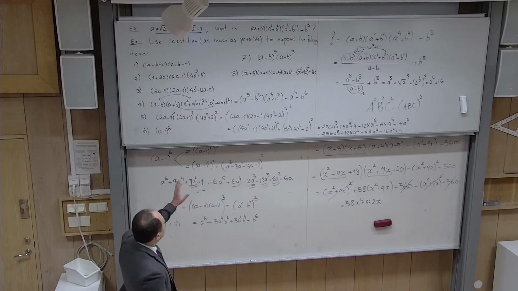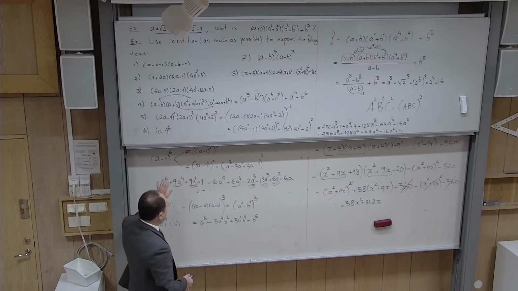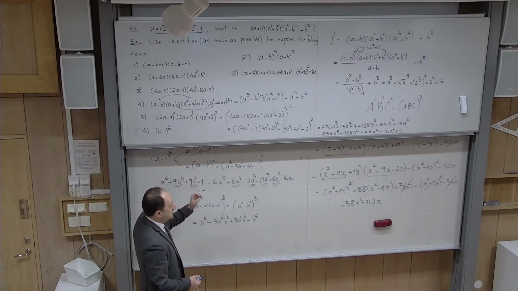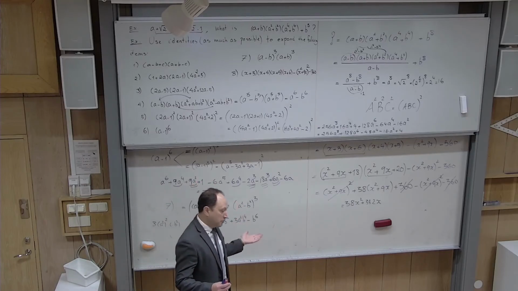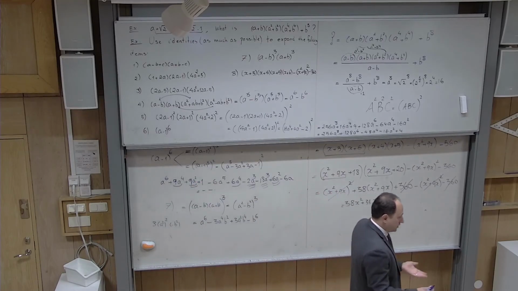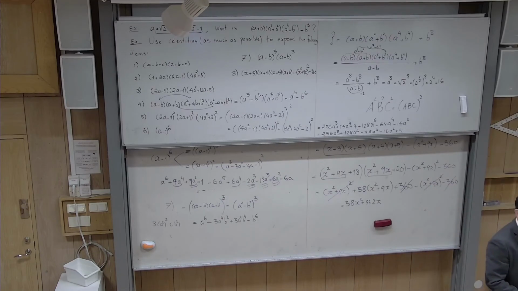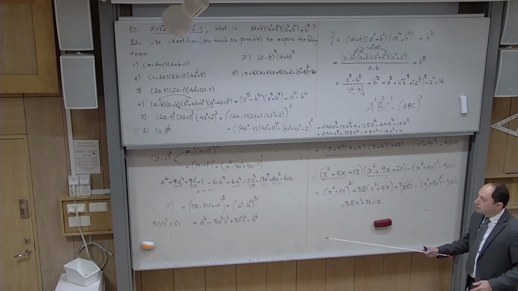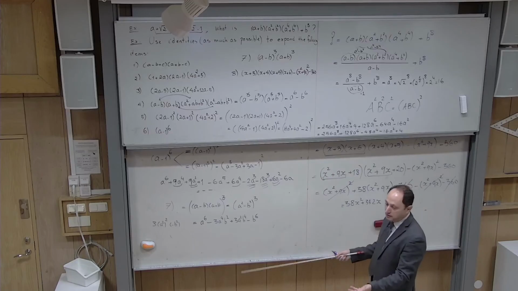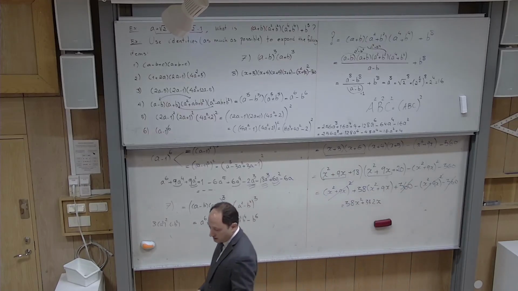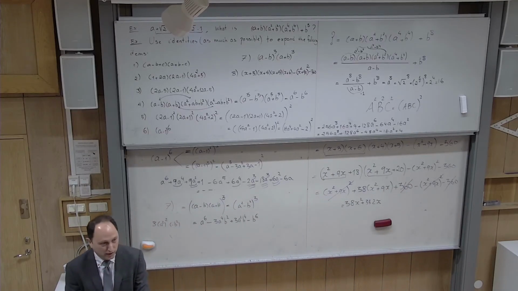So I think it's good to train yourself to use identities if possible. Because in the future, assume that you are working on a project and you are supposed to simplify an expression, you really don't know if there are any identities involved in the problem. So if you want to do your calculations more effectively, it's good to train yourself to catch these patterns. But I told you at the end, there is nothing deep about these things.